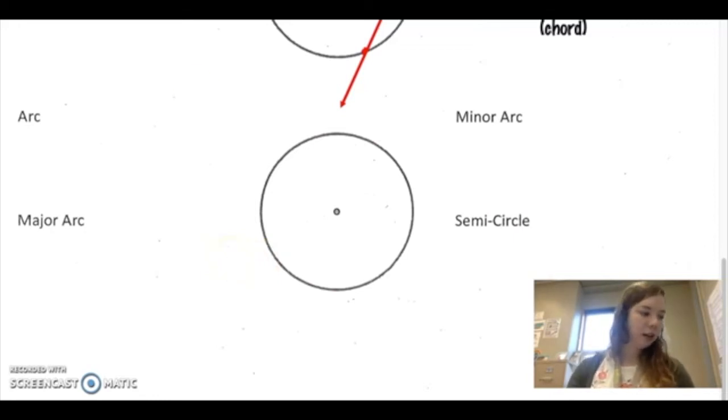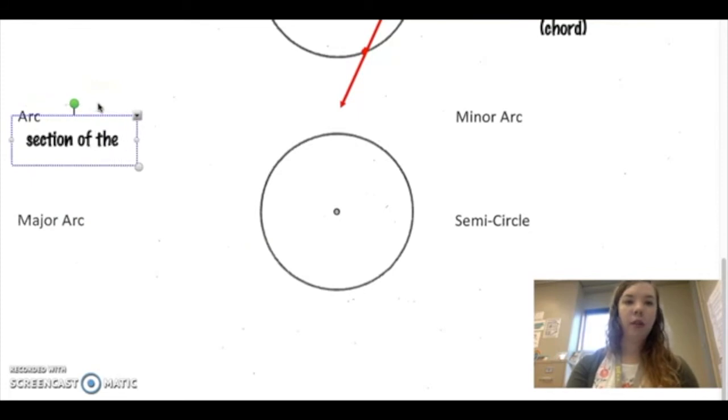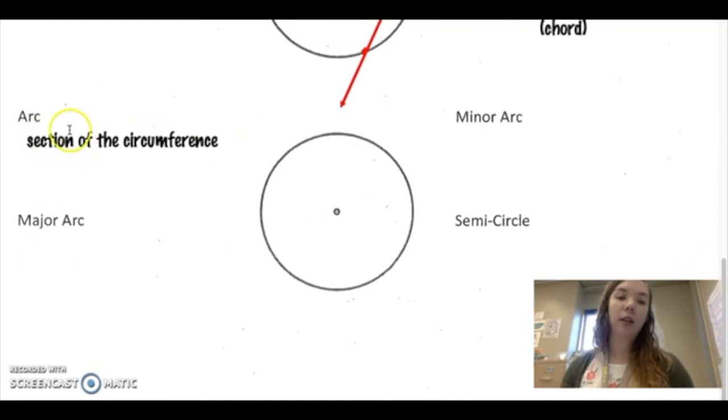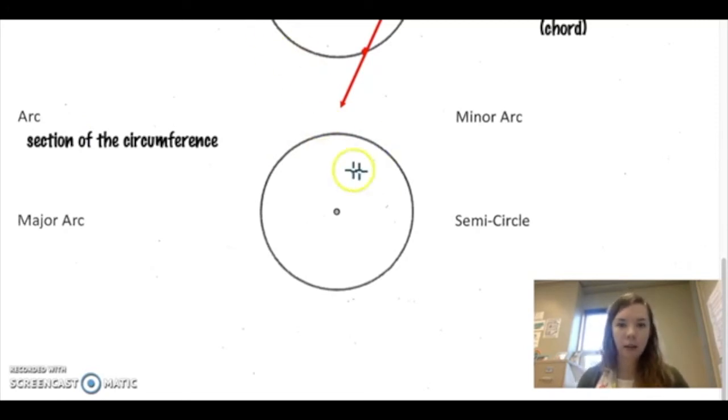But an arc is just a section of the circumference. We've already been finding arc length in our last section, so just a piece of the circumference. So let's say, I'm going to go ahead and make an example here. This could be an arc length because it's just a piece, or the outside could be an arc length.